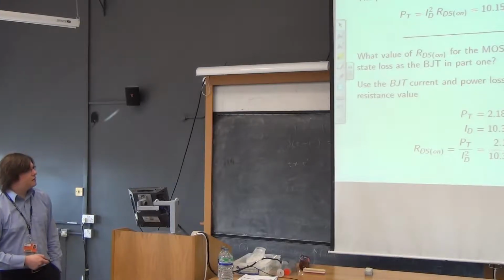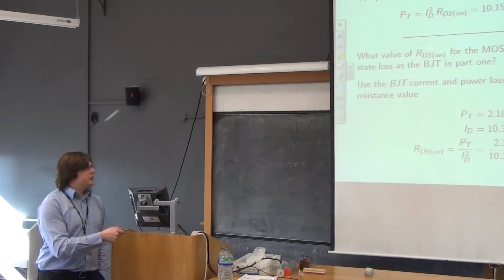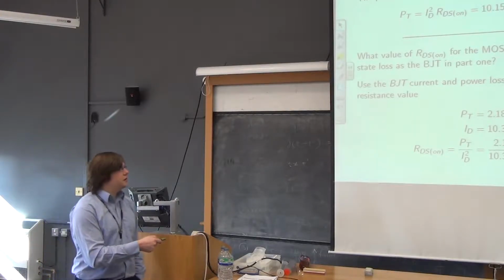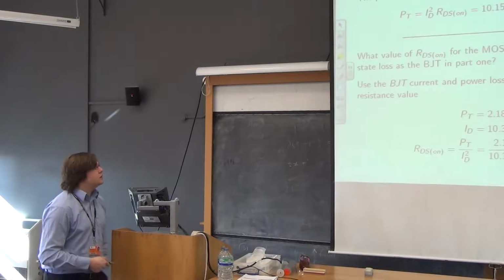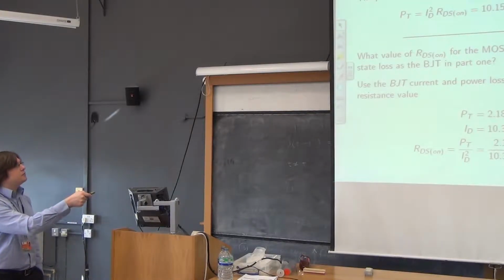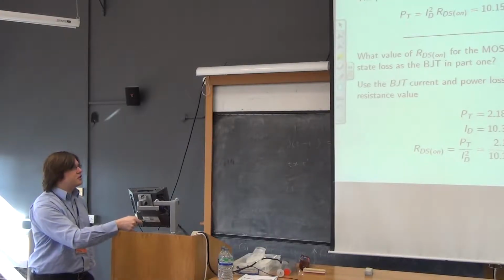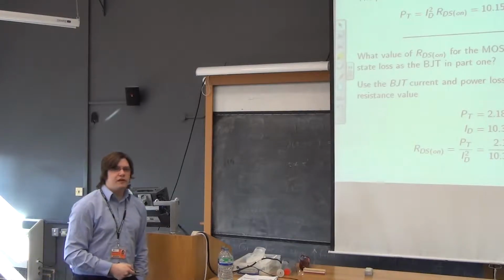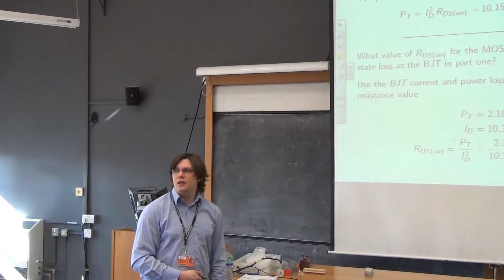So that's P is I squared R, but rearranged to get R. Using the bipolar transistor numbers, pops out with 0.02 ohms. So considerably less than an eighth of an ohm. This was our RDS on from the FET part of the question, and this is the RDS on we need to make the FET power dissipation the same as the bipolar transistor power dissipation.